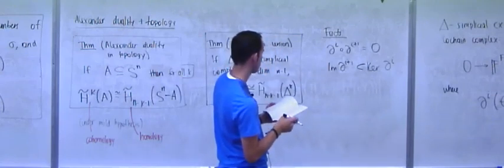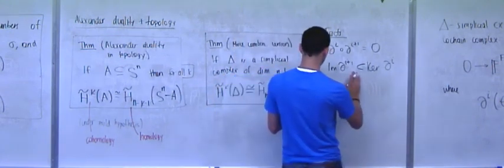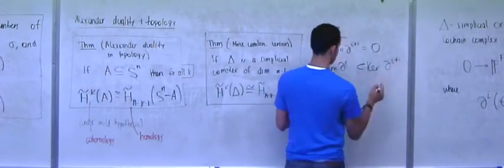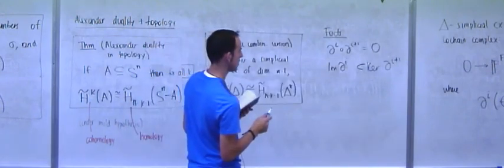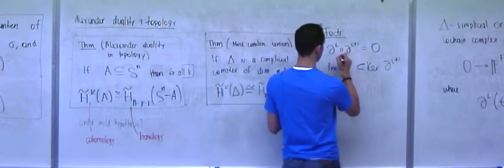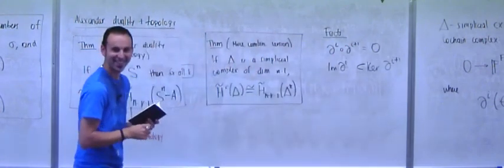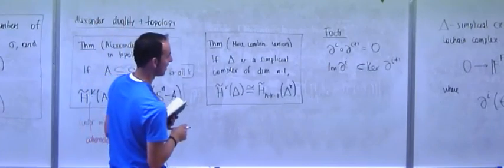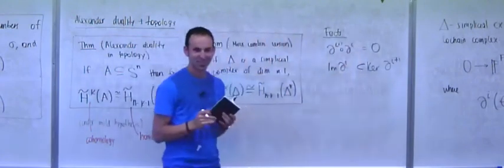Did I do something wrong? Delta 0 maps to where delta 1 maps from. Yeah, that's right. So you should be composing from the other direction. If you start in the first guy and you map it, then you map to the next one.